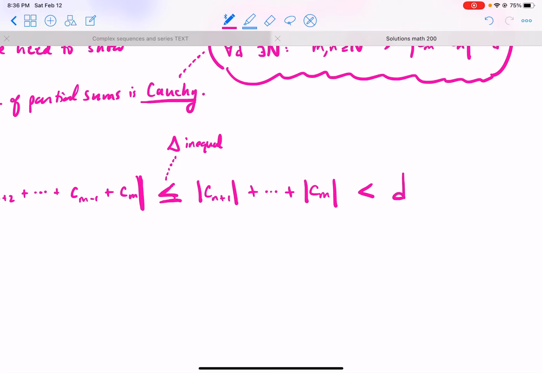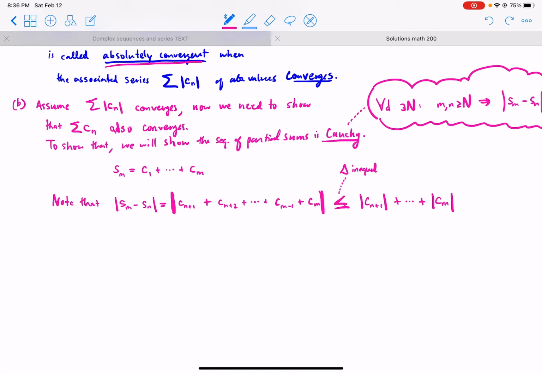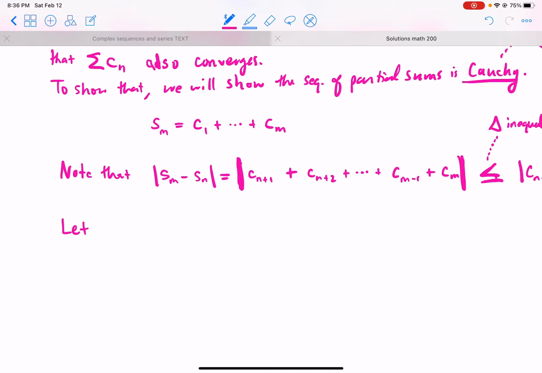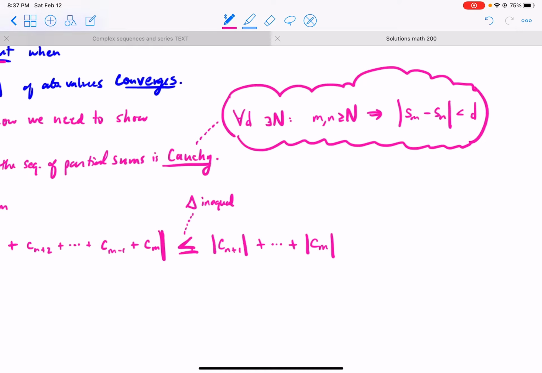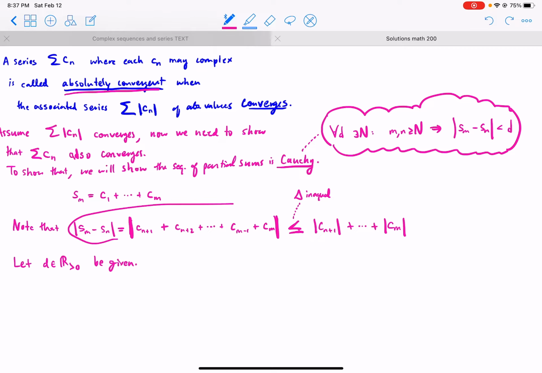This will be less than D. Let's set it up properly. To show Cauchy, let some positive D be given. We need to show that there exists an index such that all pairs have this less than D, and we would be done.